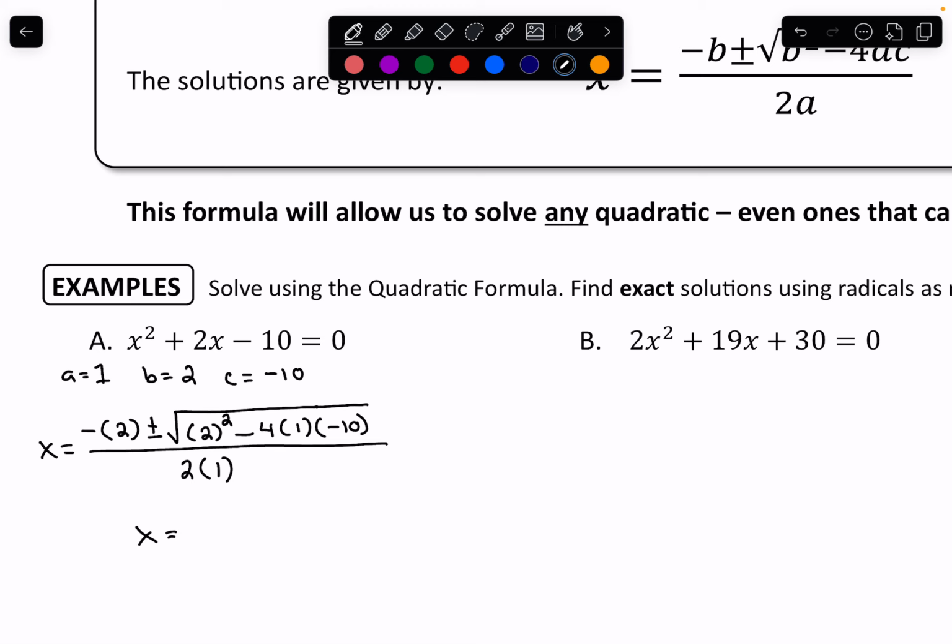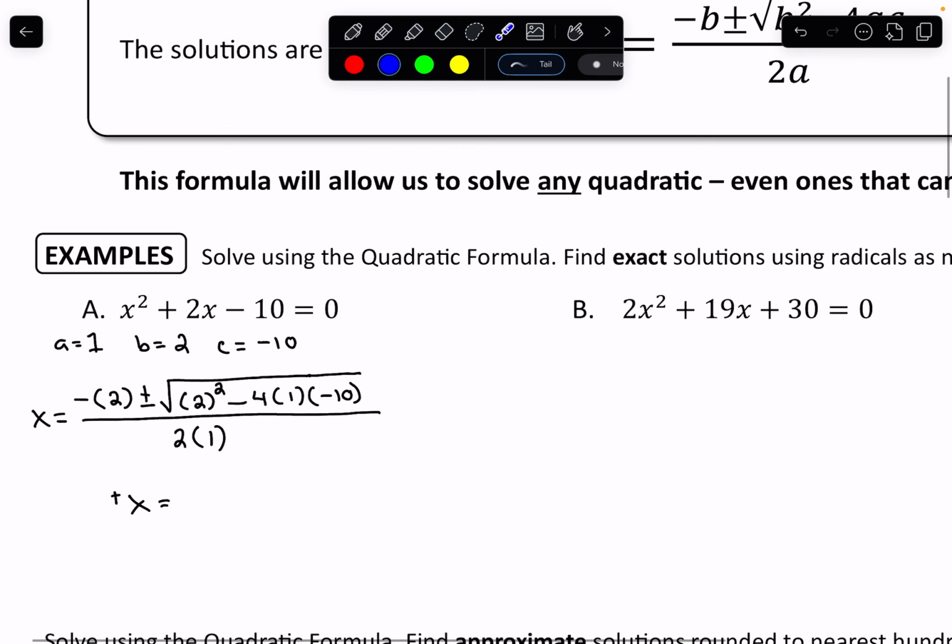After I use the plus button, I'm going to do that entire equation in my calculator again, but this time I'm going to use the minus button. So I'm going to make a fraction. I'm going to type in negative parenthesis 2 parenthesis minus square root.